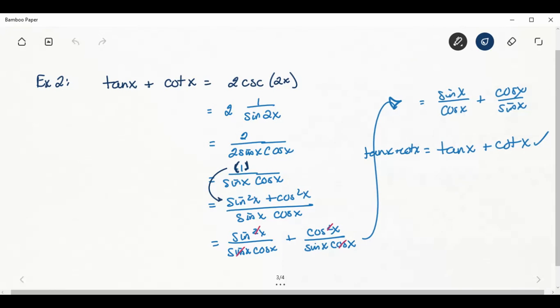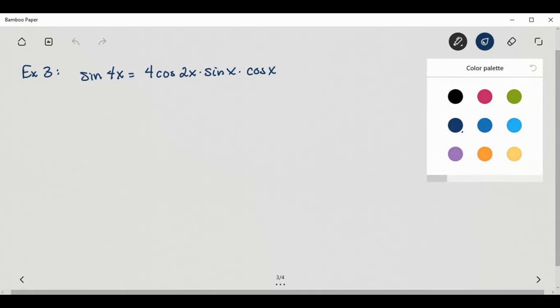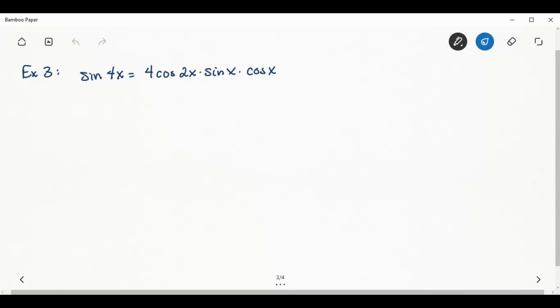Okay, example 3. We now have something slightly different than we've seen before. We actually have sine of a 4th angle, not a double angle. But what we know about a 4th angle is that it is twice a double angle. So in this particular problem, we're going to rewrite the left-hand side as the sine of 2 double angles.